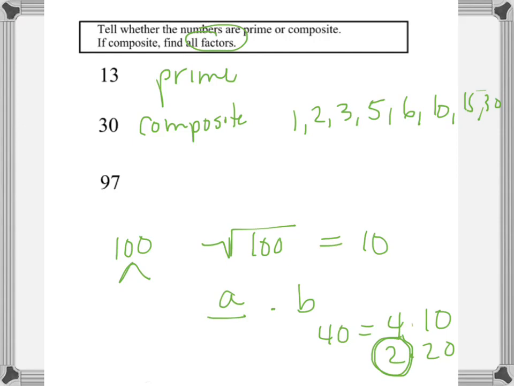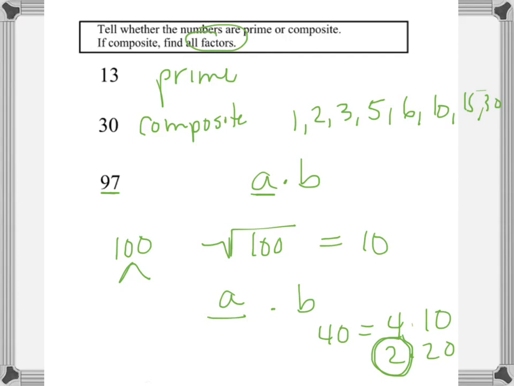Not both of the factors, but if I'm going to find a factor for 97, let's say that we're looking for 2 numbers that multiply to 100, one of those numbers will be below 10. Doesn't mean that both of them will be, though sometimes that is the case.